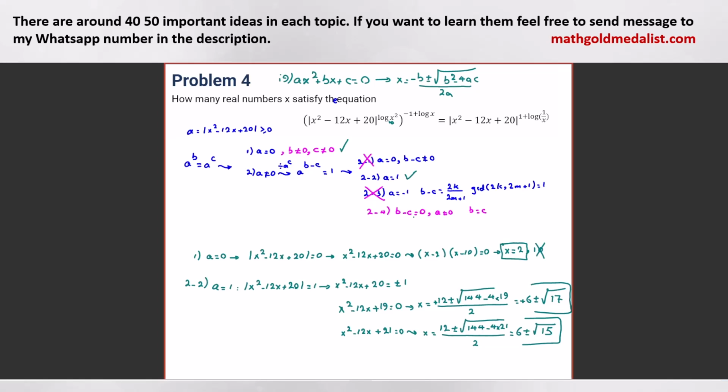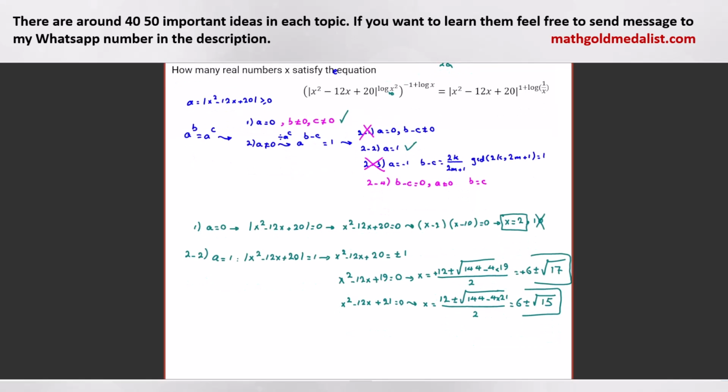B minus C is 0, okay? Or B is equal to C, and A is not 0. So let's check. B is what power of here? This times this, which will be log x squared times negative 1 plus log x. This B minus C is this one: minus 1 plus log.